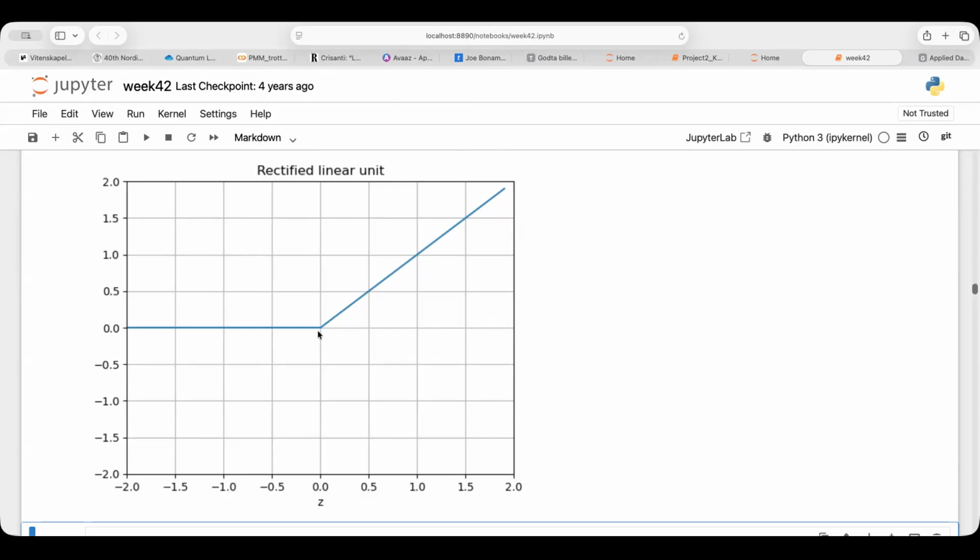One of the functions which has been very popular and is simple to use is called the leaky ReLU function. The leaky ReLU has a small value here. It's a straight line, so it's non-zero when Z is less than zero, but it takes just a small value. So it leaks values from zero. That's why it's called a leaky ReLU. ReLU stands for rectified linear unit.